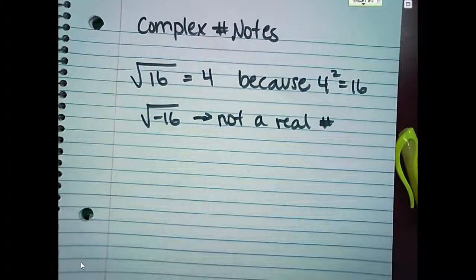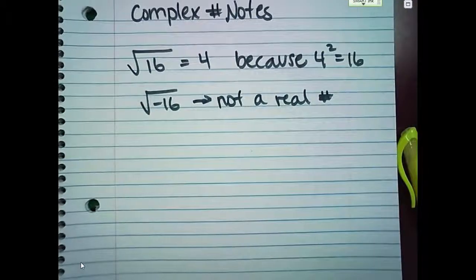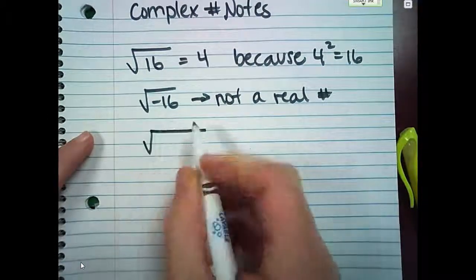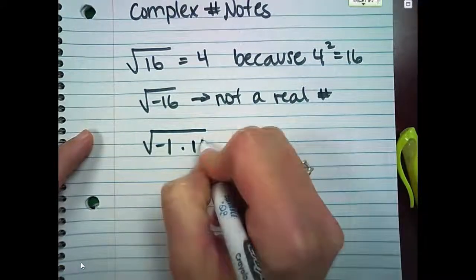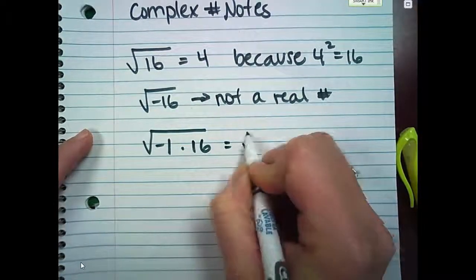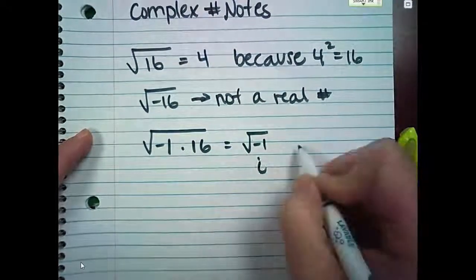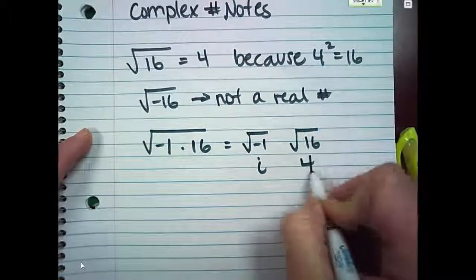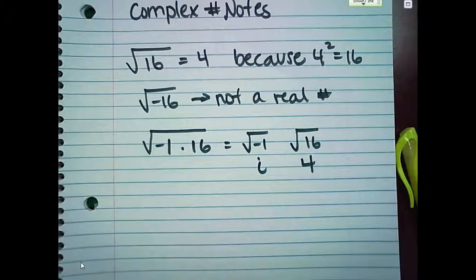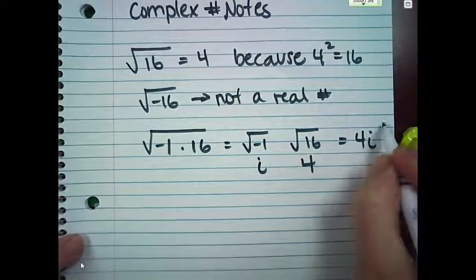Right? And what they do with it is they still give it a value. They break it up into two things. They say, okay, I'm going to rewrite this as negative 1 and 16. And the square root of negative 1 we're going to call I, and the square root of 16 is 4. So together we get an answer of 4I.